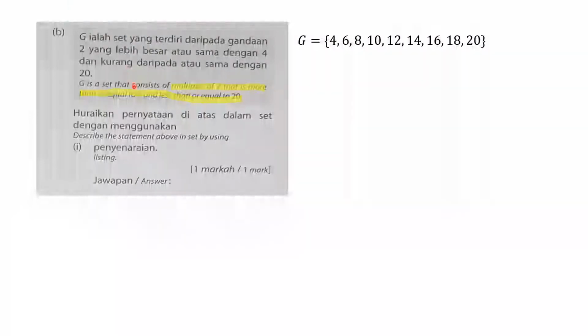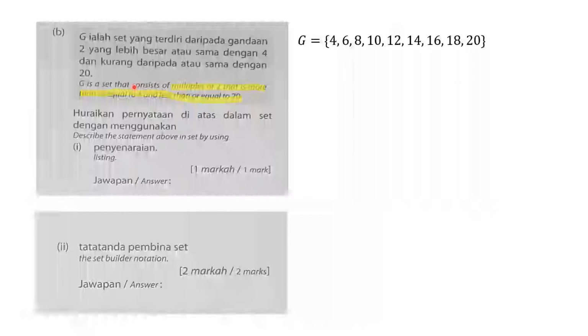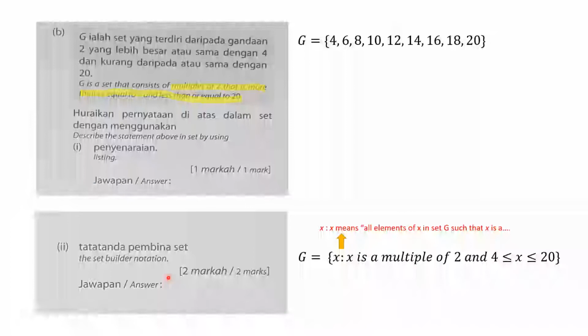So now comes B2, which requires you to make a set builder notation. To write a set builder notation, you will just need to write x, then write back what the question gives you, but make it into a singular form. As you can see, the statement gives a set that consists of multiples of 2.